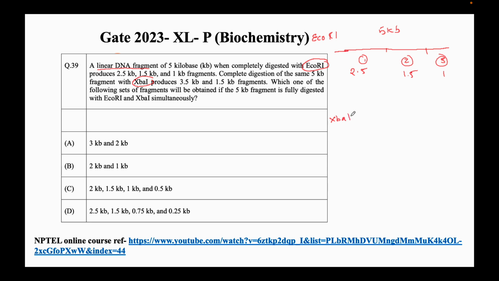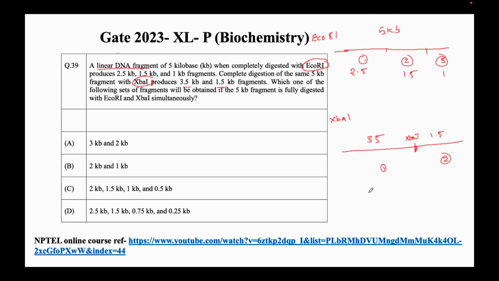Whereas when it is digested with XbaI, we are getting 3.5 and 1.5 kb fragments. So we are getting only 2 fragments. The total is 5 kb, as it's the same fragment. So here we have only 1 recognition site of XbaI, whereas EcoR1 has 2 recognition sites on this linear DNA fragment.